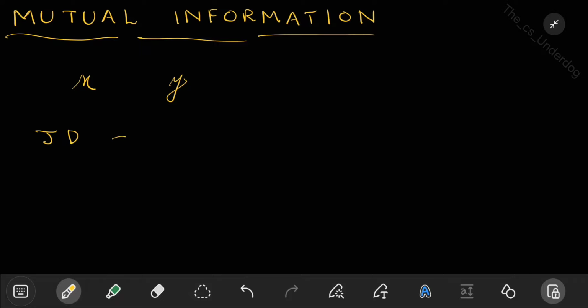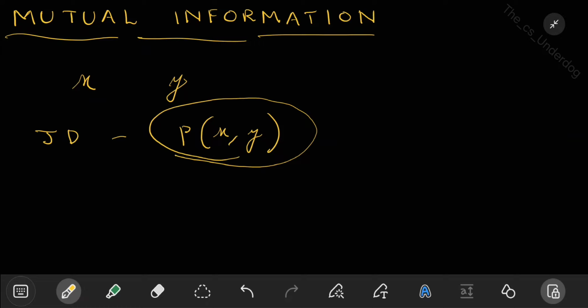The joint distribution of two sets of variables x and y can be written as P of xy, that is the probability of x and y occurring together, the joint probability. So let us say this is the joint probability distribution of x and y, where x and y are random variables.